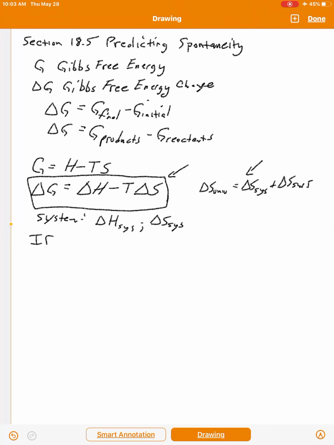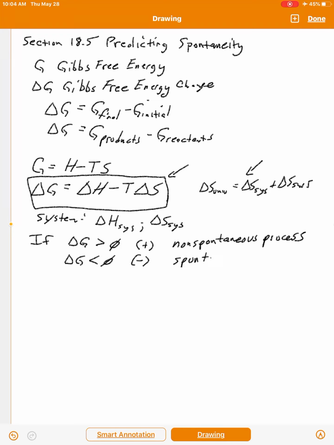Now, here's what ends up happening. If delta G is greater than 0, meaning it's positive, we will claim that this is a non-spontaneous process. If delta G is less than 0, meaning it's negative, it is a spontaneous process.